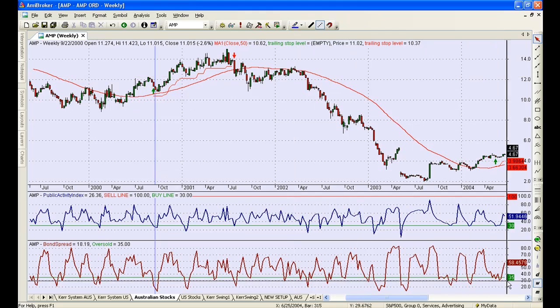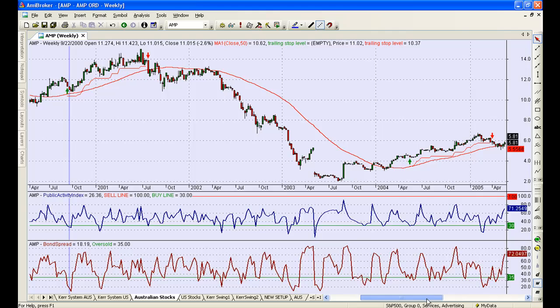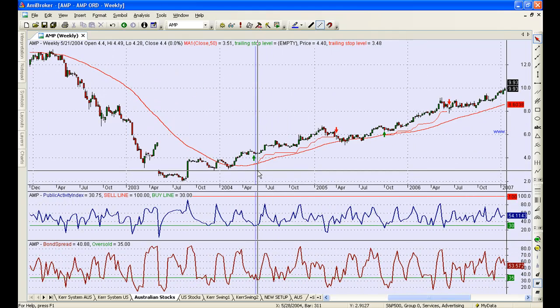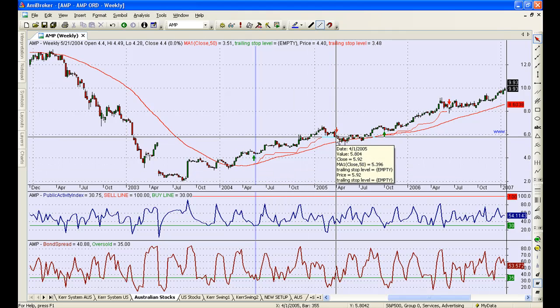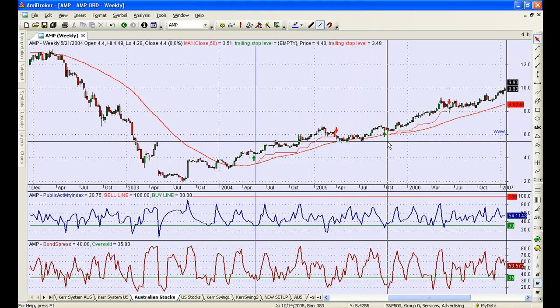We're out of the market when the market's on the way down, and then we move along here and we have another trade. So we go from 4.40 up to 5.8. So I mean, that's a very high percentage return, about 29% I think.